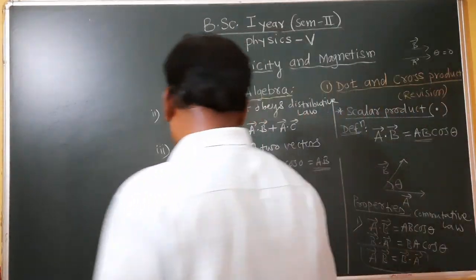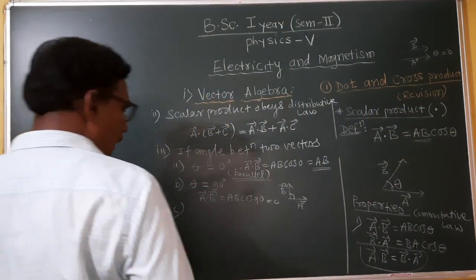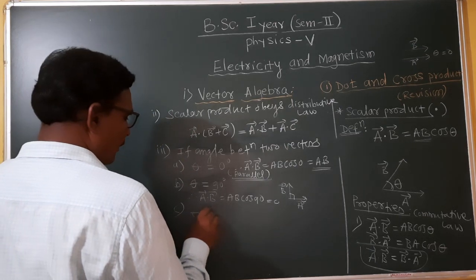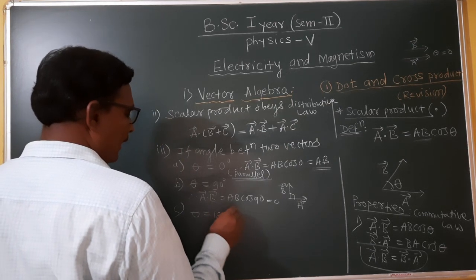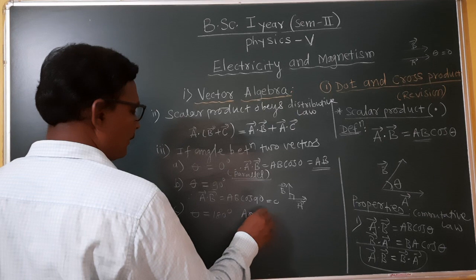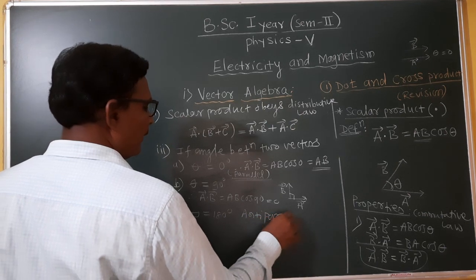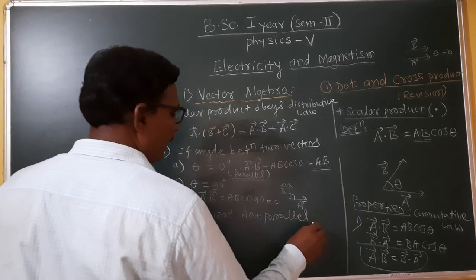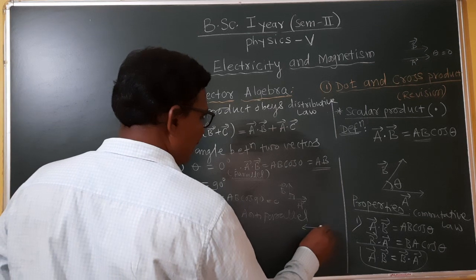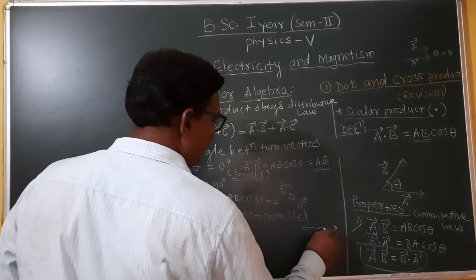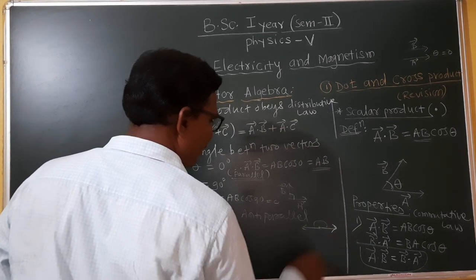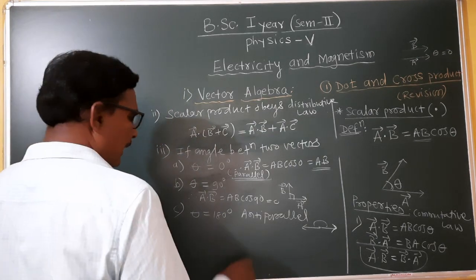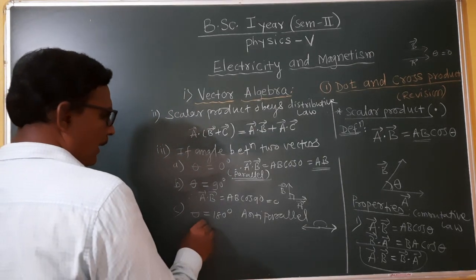Next, if two vectors are anti-parallel to each other, theta is equal to 180 degrees. Anti-parallel means we have one vector on this side and another vector on this side, so the angle between them is 180 degrees. And cos 180 is minus 1.